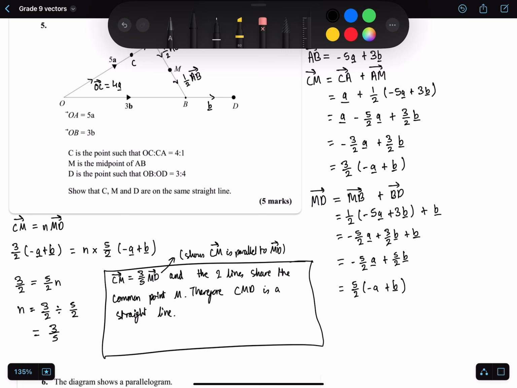They all go in the same direction. Therefore, we have answered the question. It is very important that you reference these 2 points. So the fact that they're parallel and the fact that they have the common point M, that's where the marks are going to be. And by writing this final sentence, you've given them the answer they're looking for. You've shown that C, M, and D are on the same straight line.